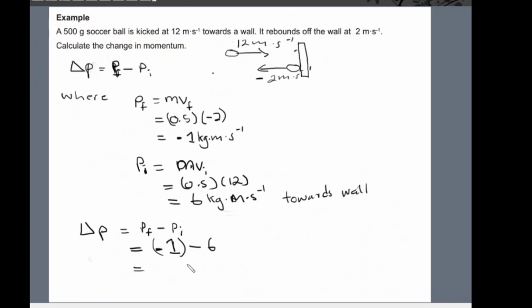So negative 1 minus 6 is negative 7, right? It's negative 7 kilograms meters per second. So therefore the change in momentum is 7 kilograms meters per second away from the wall.